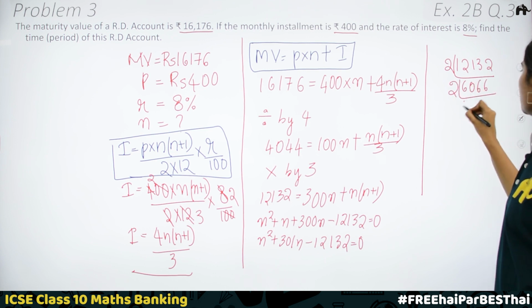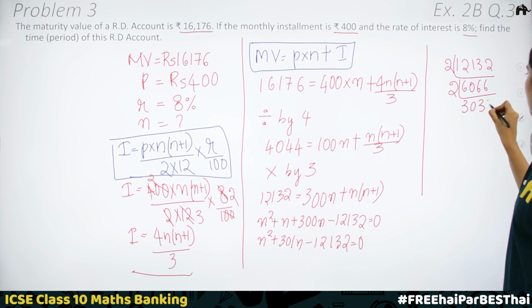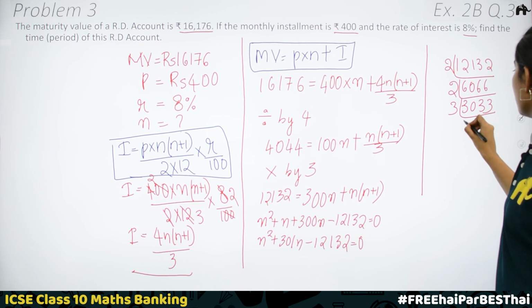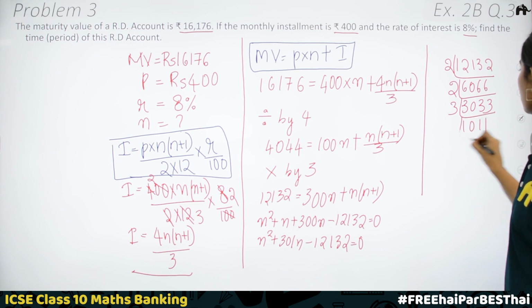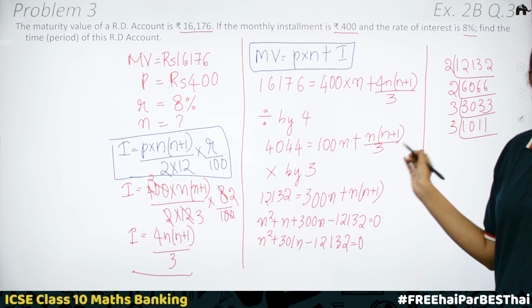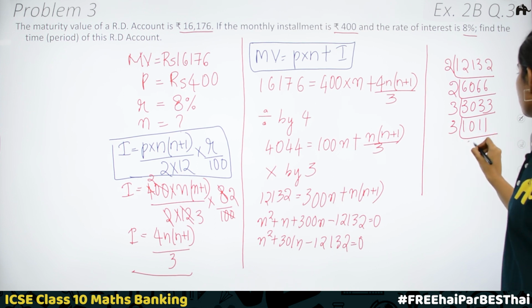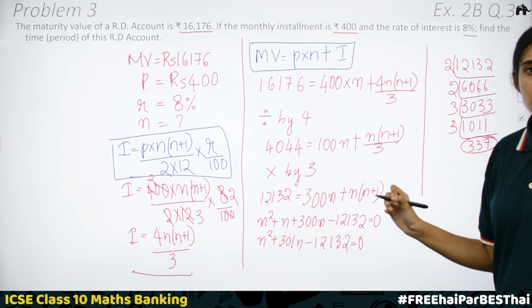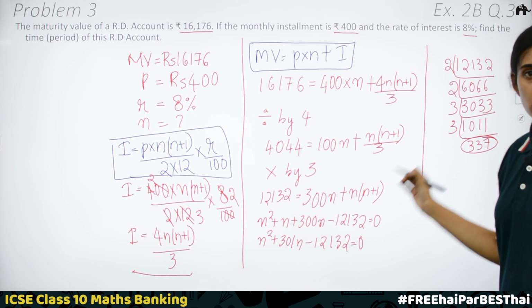Again by 2, 3033. Dividing with 3, 1011. Again dividing with 3, it becomes 337. This 337 is a prime number. Further division is not possible.